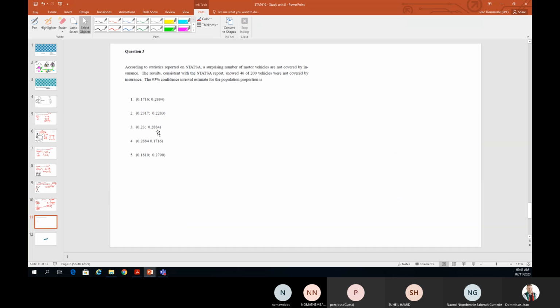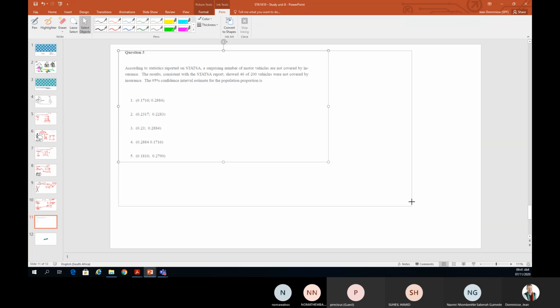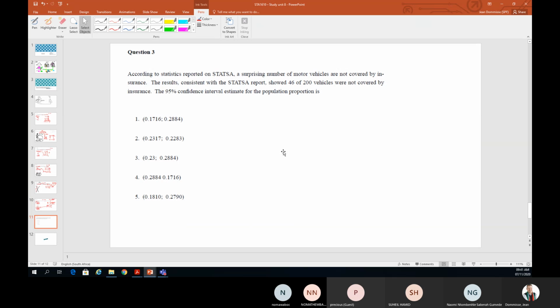Okay, so let's look at the last one for confidence intervals. It's about a population proportion, so we're going to work with proportions. So that we know is a Z. Again, if we work with proportions, I automatically work with a Z. With a 95% confidence interval, I know we're going to work with 1,96.